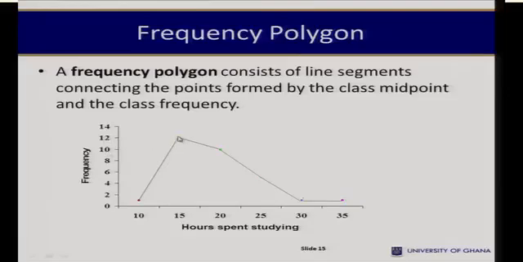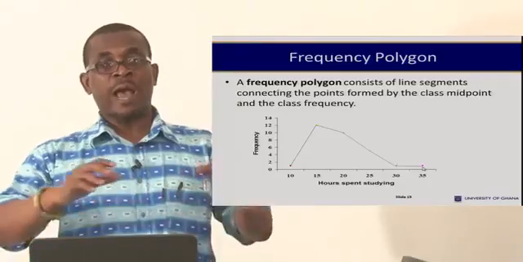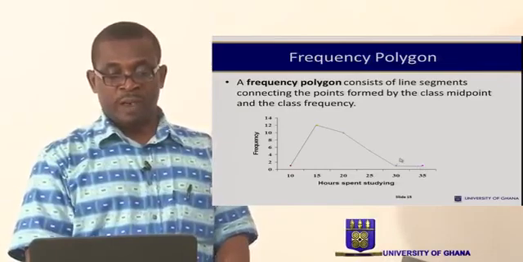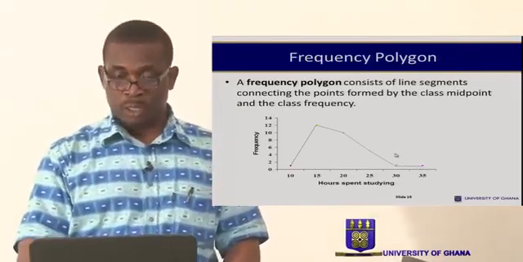So this is the point marked. We do so for all. And then we join these points by line segments, as you can see. So the first point joining the second point by this line segment. The second point joining the third point by this line segment, and so on and so forth till we get to the end. And this just describes how the data is distributed, and it is referred to as a frequency polygon.